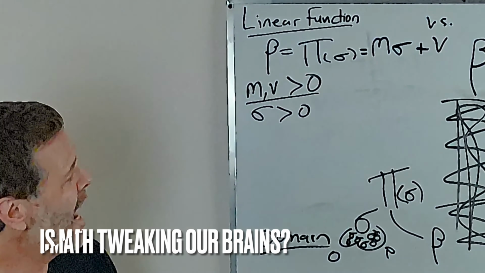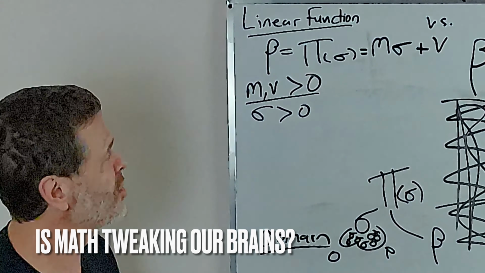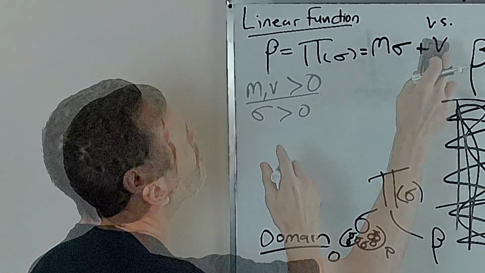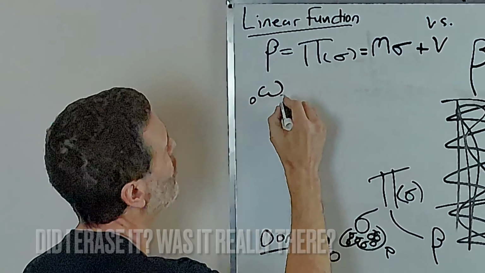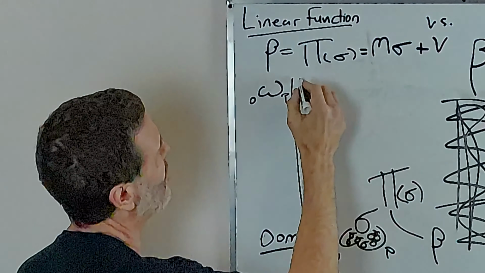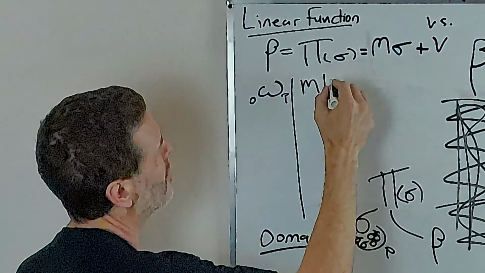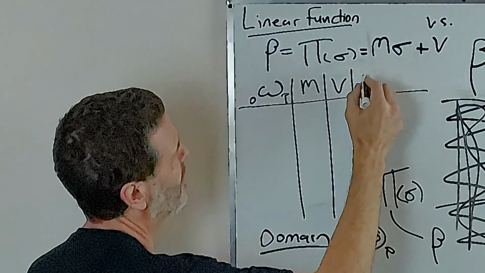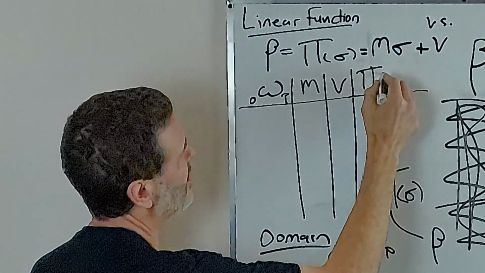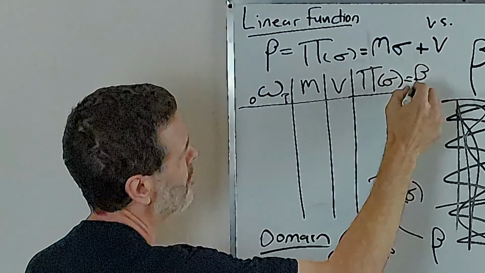Let's take a look at some numbers here. Let's draw us a little chart. We're interested in omega from 0 to p, and then we're going to have some number m, some number v, and zeros, and it's going to be pi of sigma equals beta.